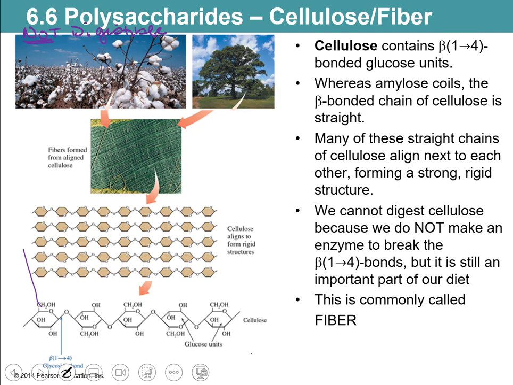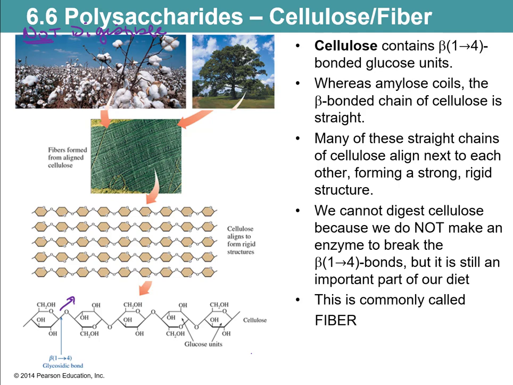So in this one though, what I want you to look at is this type of bond. So a beta 1 to 4, the glucoses that they show, when you look at this bond, can you see that it looks like the bond goes up, which is beta. So the bond here goes up, but the glucose that's next to it, they flip it upside down.